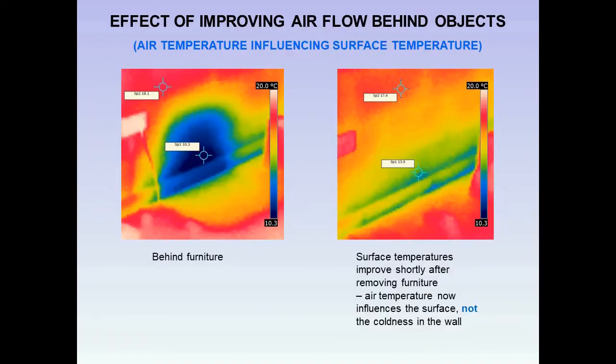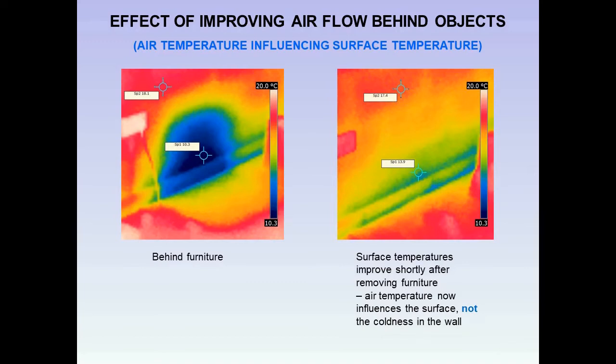This is the effect of improving airflow behind objects. Again, it's illustrating how the air temperature influences surface temperature. On the figure on the left, there was a piece of furniture in front of the wall on a very cold period of time, and we can see that the surface temperature where that piece of furniture was is around 8 degrees colder than the rest of the wall.